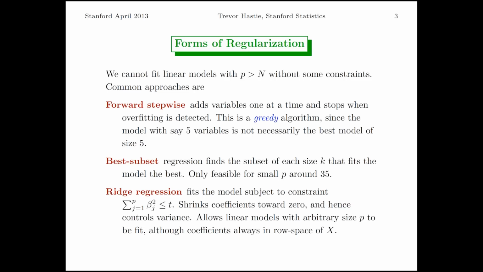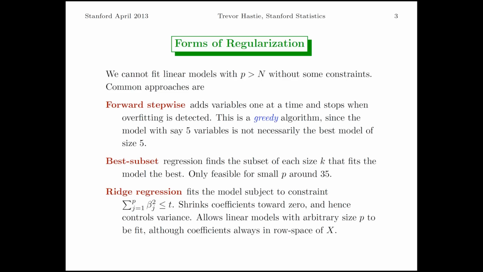And the idea there is you fit the model with all the variables in the model, but you restrict their coefficients in some way. Ridge regression restricts the L2 norm of the coefficients. So in other words, you put a bound on the sum of squares of the coefficients. And what that does, if the bound t is small enough, is shrink the coefficients towards 0. And that controls the variance. Of course, if you shrink all the way to 0, you'll have a null model.